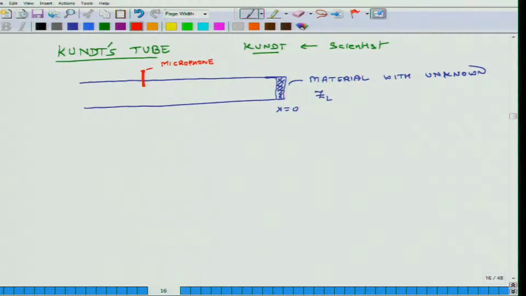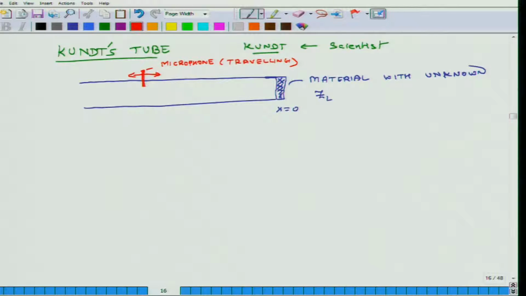The interesting thing about this microphone is that the tube is so designed that it has a slot on its top, so this microphone can travel along the length of the tube. It's a traveling microphone. That is why this apparatus is also known as a traveling microphone impedance tube, and this method to measure the impedance is also known as the traveling microphone method for measuring impedance.